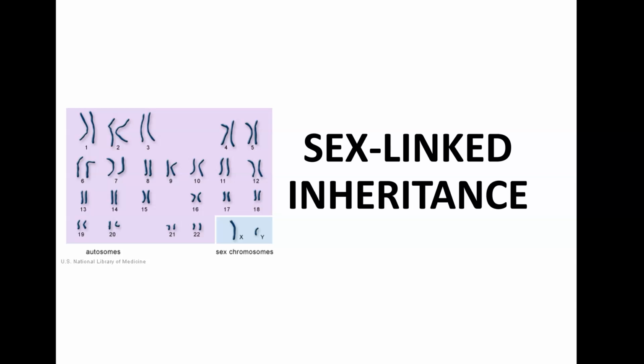Hi, class. Good morning. Today I'm going to talk about another type of inheritance. Last week I talked to you about simple Mendelian monohybrid crosses, where we were looking at the inheritance of one trait that is controlled by a gene that has two different alleles, one being the dominant, whereas the other one being the recessive allele.